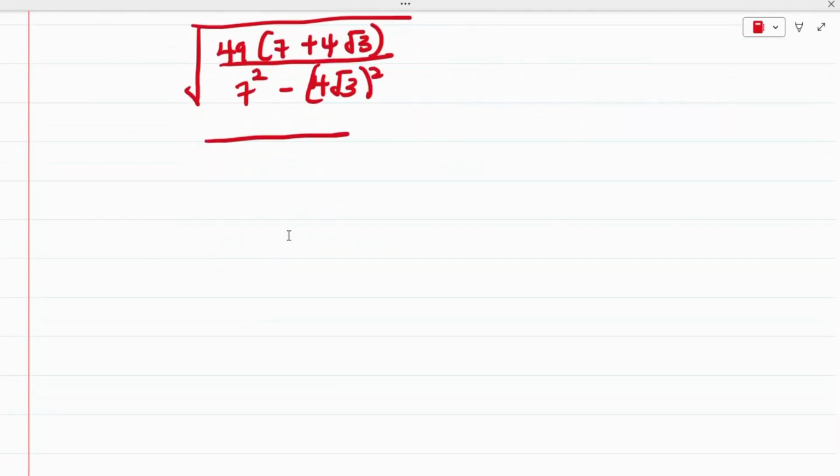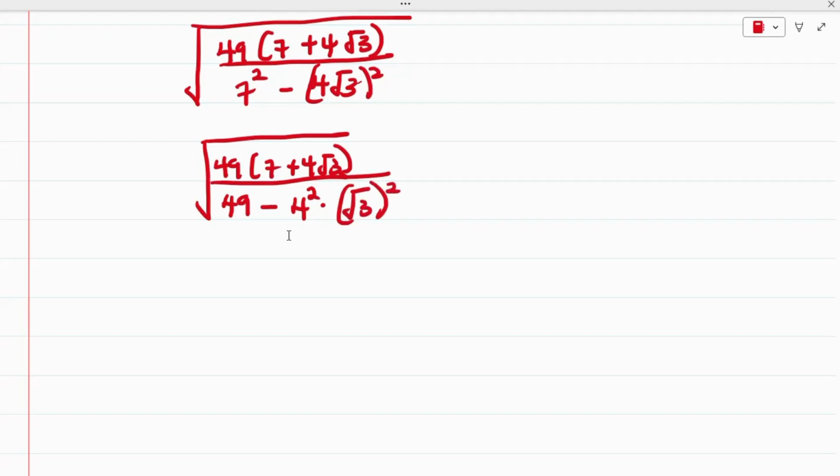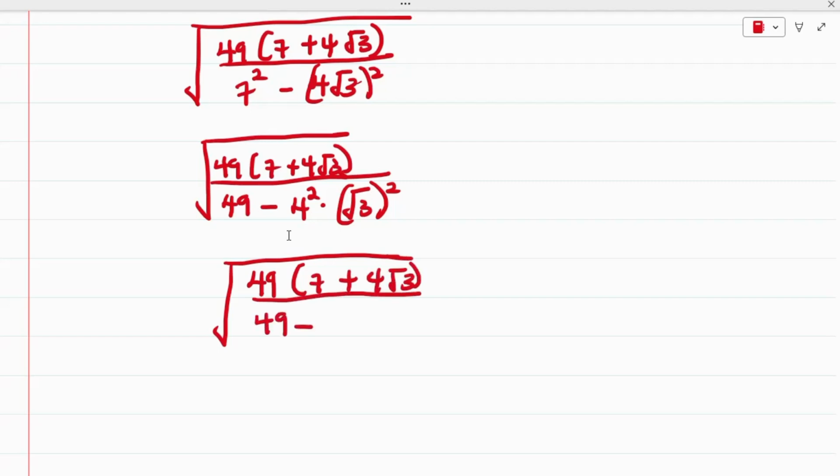So we have the square root of 49 multiplied by 7 plus 4 root 3, divided by 7 squared, which is 49, minus, this can be expressed as 4 squared multiplied by the root of 3 all squared. So this becomes the square root of 49 multiplied by 7 plus 4 root 3, divided by 49 minus 4 squared, which is 16, multiplied by 3, we cancel out the root, so we have 3. So 16 multiplied by 3 is 48. From here we have 49 minus 48, which is 1.